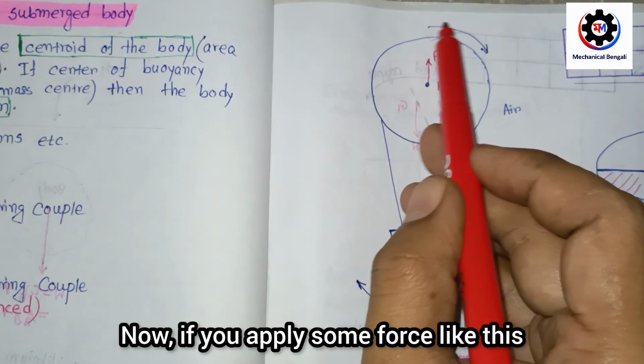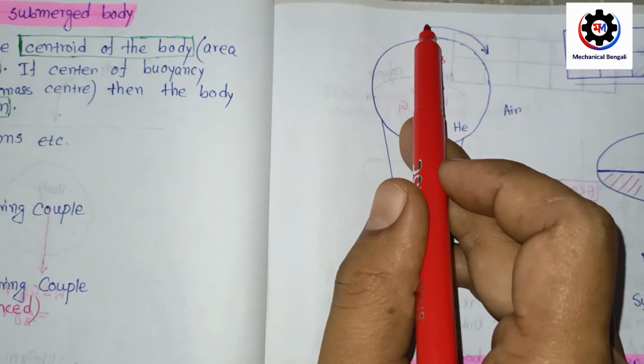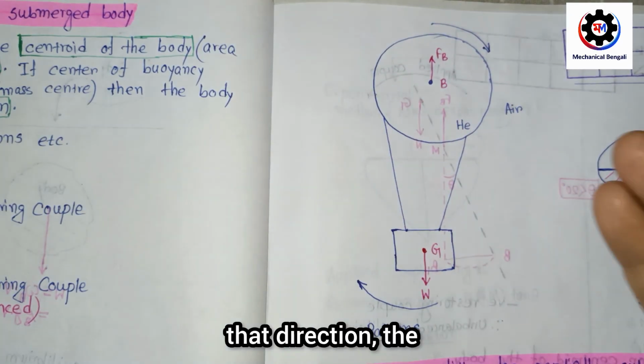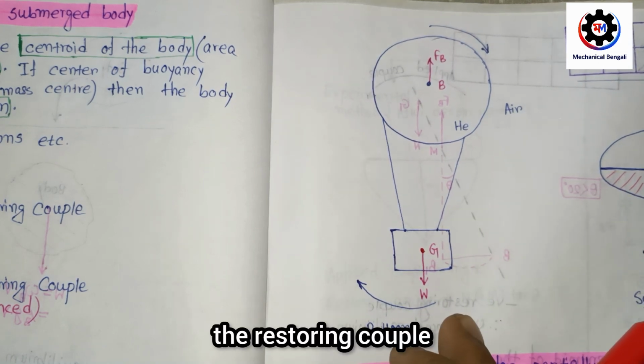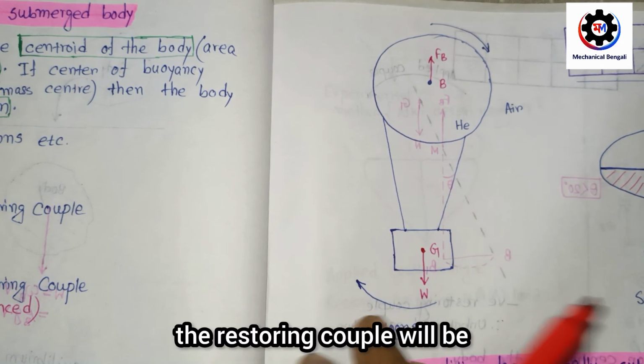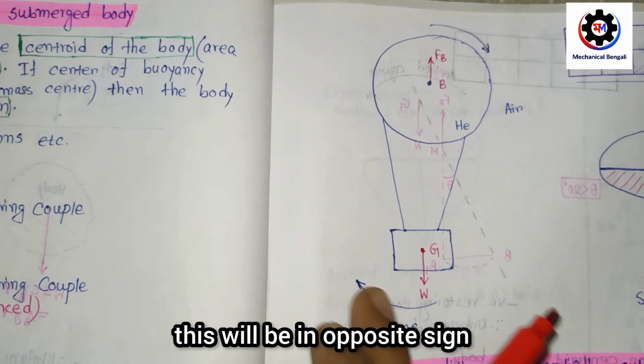Now if you apply some couple in that direction, the restoring couple will be in the opposite sign.